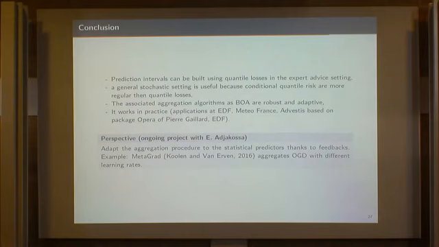Exactly. Actually, I should have mentioned Peter Grünwald, but all the stuff I present is after a discussion with Peter Grünwald on the use of quantile losses in the online setting. We had some discussion about understanding what was going on there.